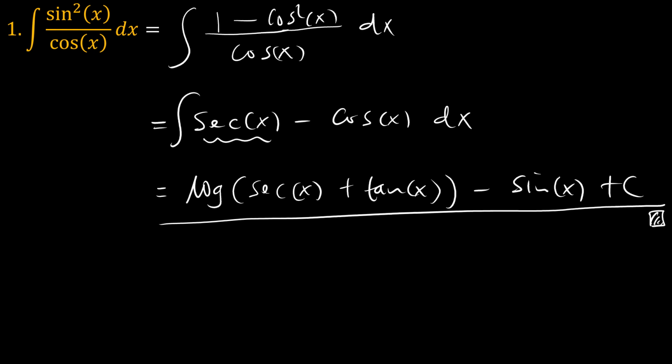So obviously one question that one may ask is, how does the integration of secant of x come to be that? The integration of secant of x is the same as the integration of 1 over cosine of x.